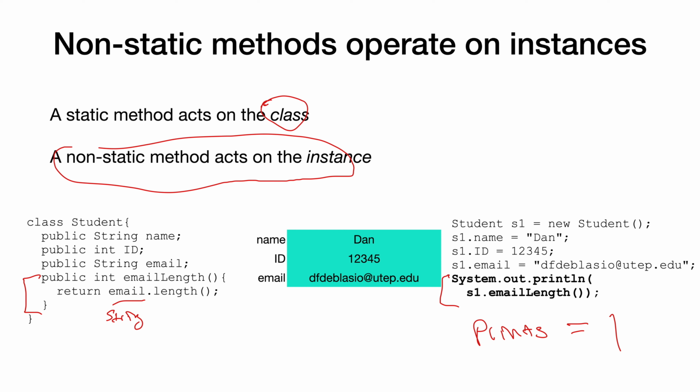Notice that this method can't run unless it's within an instance of student, right? If that student hadn't been initiated, it wouldn't have any email address to run on. So that's sort of how non-static methods operate inside of an instance.